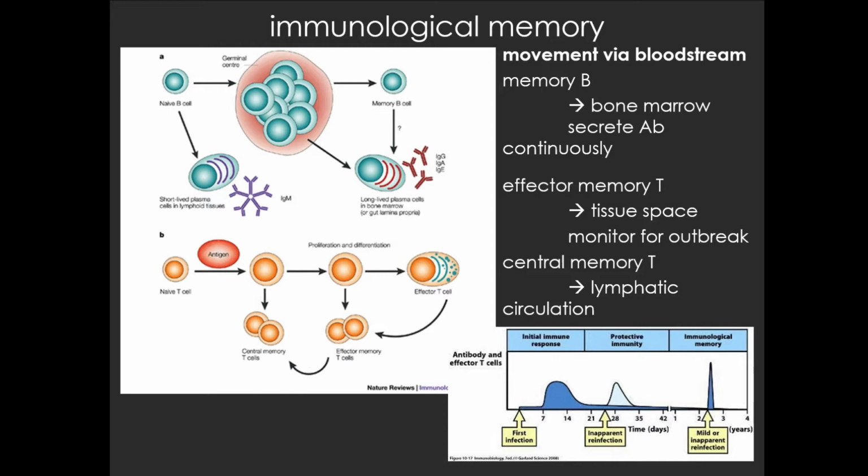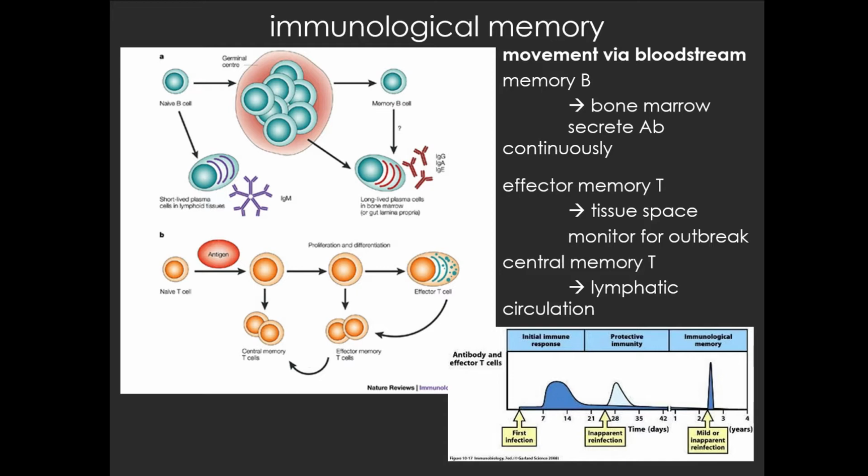So they hang out in the tissue space and they look for more signs of infection. They monitor for a second outbreak. There are also central memory T cells which move through the lymphatic system so that they can be quickly able to activate those memory B cells upon secondary infection.